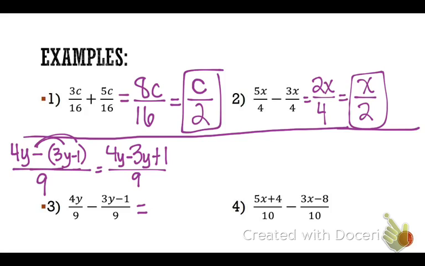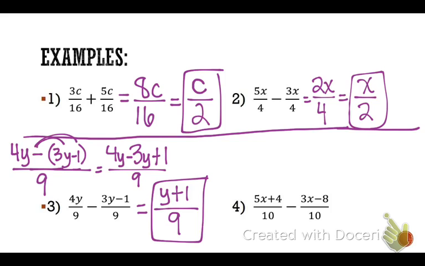And what do we get in the numerator? 1y plus 1 over 9, still a denominator of 9. Can we simplify that at all? No. There's nothing that we could cancel out, nothing we could factor, so we leave it alone. Questions about number 3?